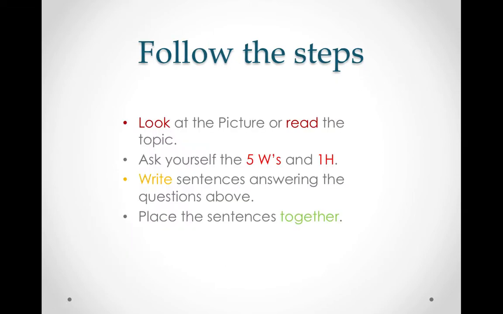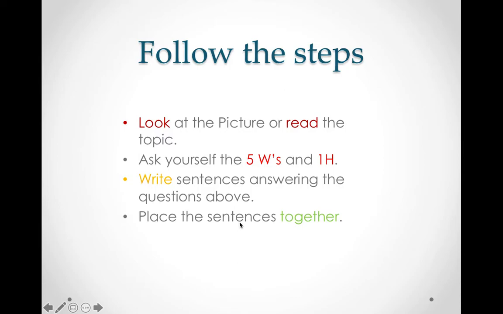You are going to follow the following steps to write a paragraph. The first thing I want you to do is look at the picture or read the topic. So you will look at the picture that I give you or you will read the topic. Now the topic will explain what the picture is about.